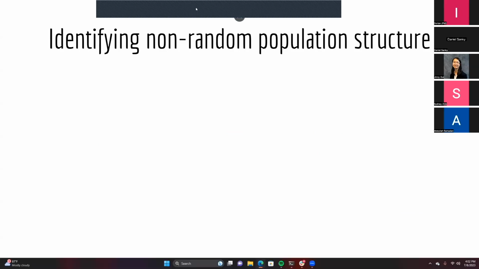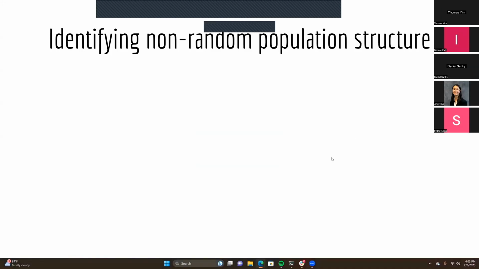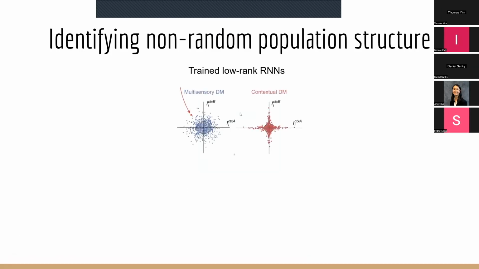Okay, now keep in mind the original question here is whether the neurons belong to different classes or whether they're mixed selective and all operate similarly. What we can do is plot out all the weights and biases of our trained network on this graph.